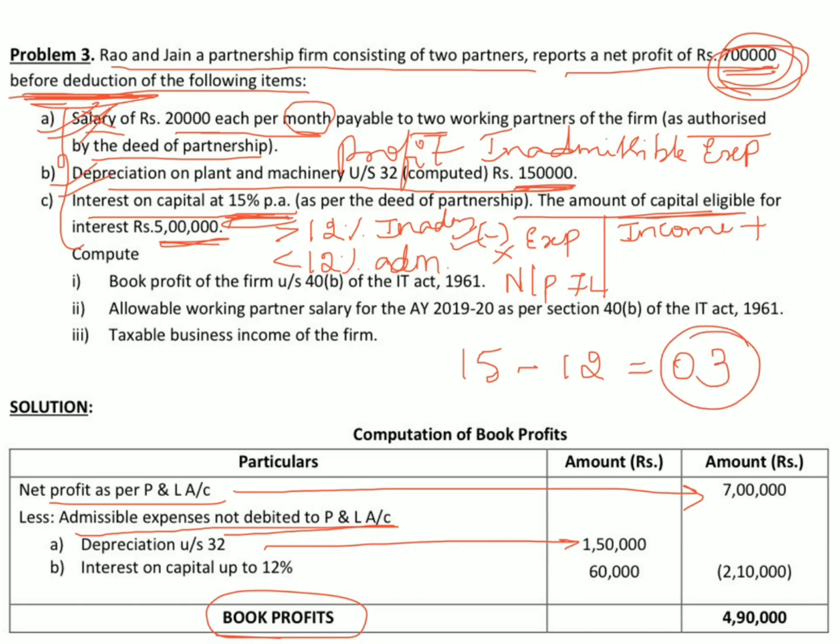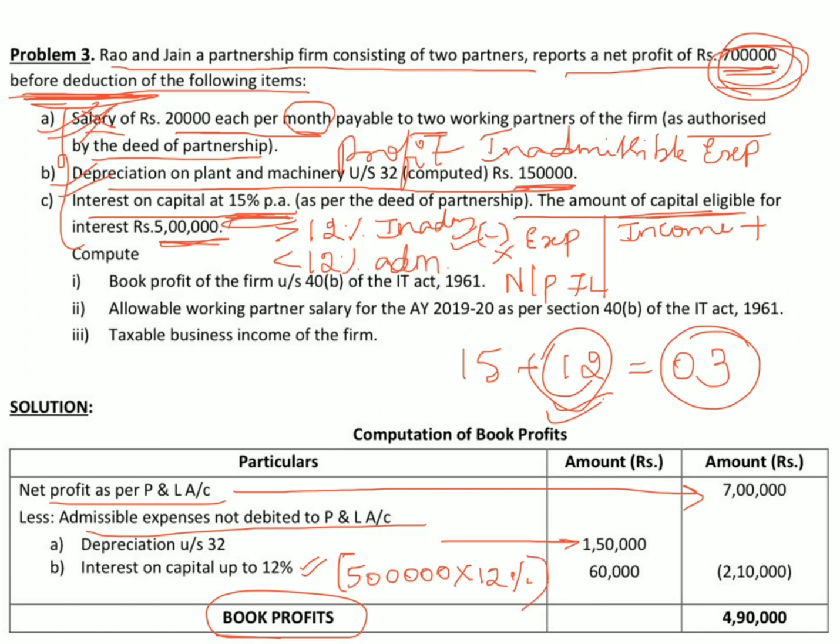But the allowable 12% is also not deducted in the problem. So we have to deduct that 12% as an admissible expense not debited to the profit and loss account. So interest on capital up to 12%, that is 5 lakh into 12%, comes to 60,000.